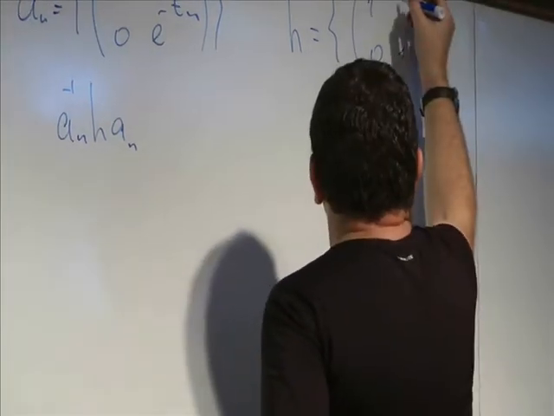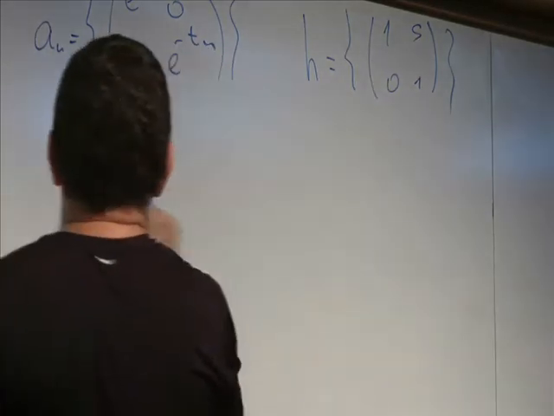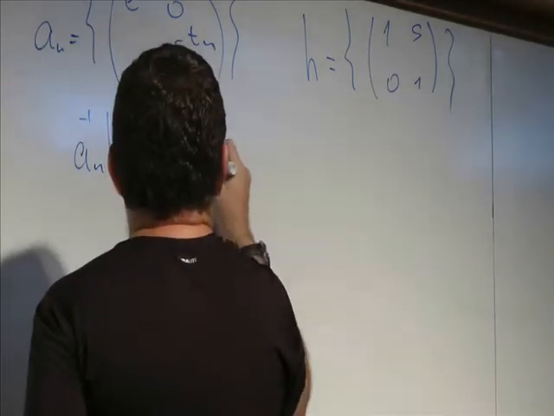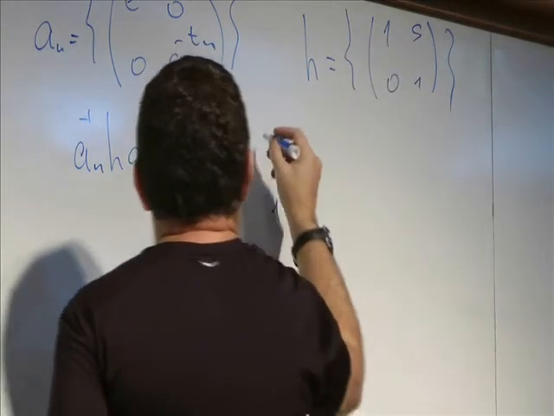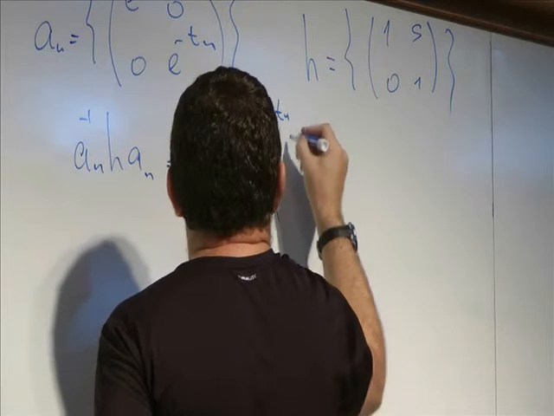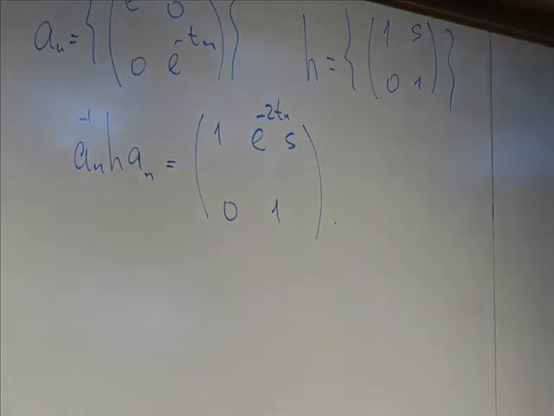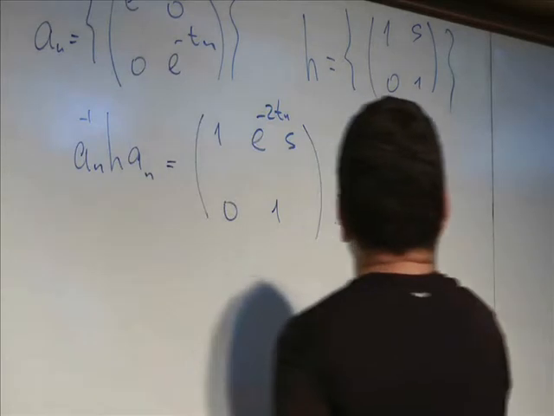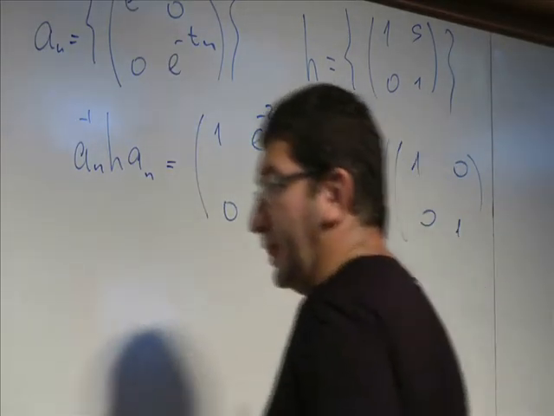So this is going to be an element of this subgroup. This conjugation actually gives you, if you do the calculation, a similar element but with a much shorter s, e to the minus 2tn s. I think it's just an easy calculation, and this goes to identity as tn goes to infinity. So you should keep that as an example, but this is a general theorem. It doesn't have to do anything with anything.